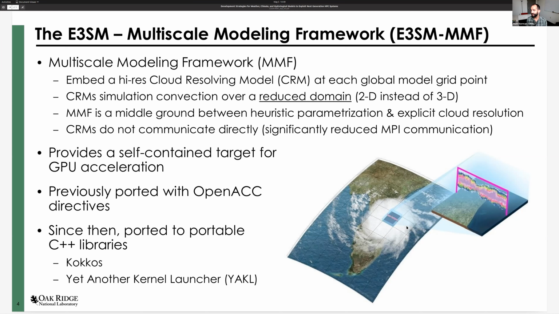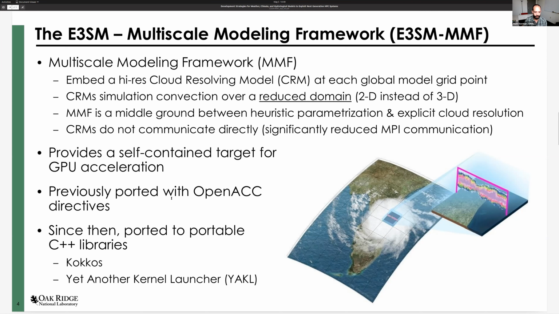In a traditional sense, these cloud resolving model simulations are typically about 100 times more expensive than the traditional E3SM model would be. And this is replacing the deep convective parameterizations in the model. So when we port this to GPUs, we get significant speedup and are actually able to run this model at somewhere near the target of 5 simulated years per day.